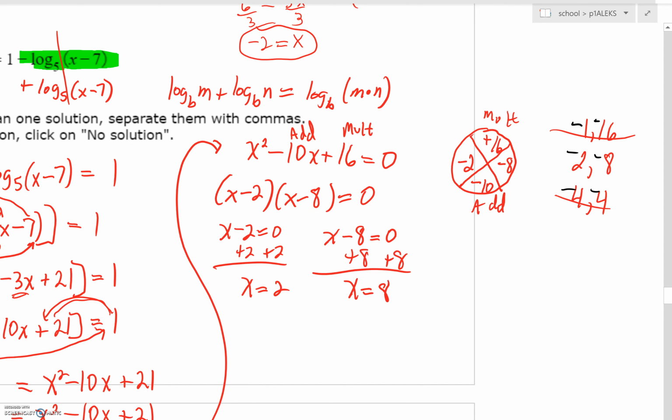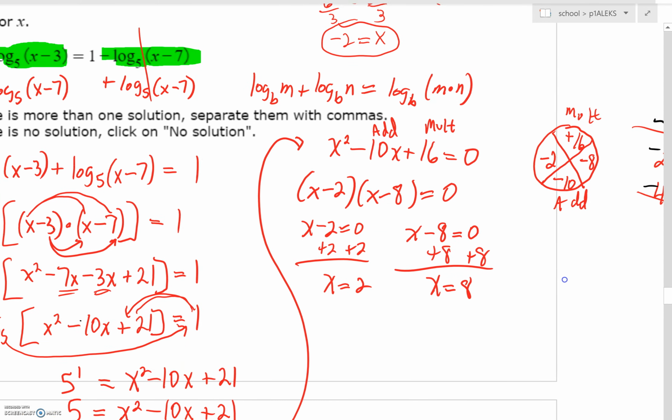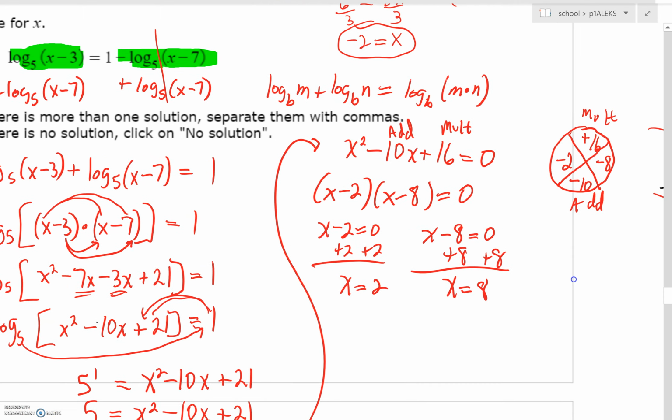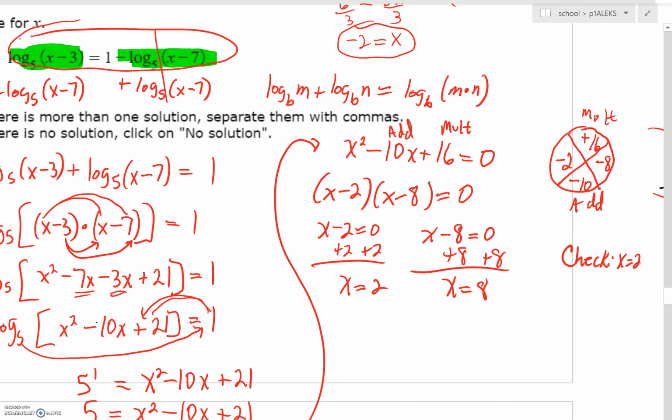And it's so easy to want to stop, but guys, you really do have to do a check. I'm going to do a check over here with x equals 2. Now, if you look in the top left corner of the screen here, you can see that there's an inside of that one log and an inside of the other.